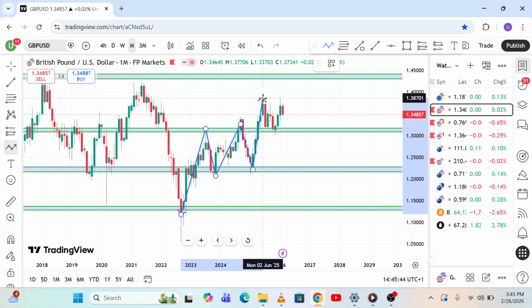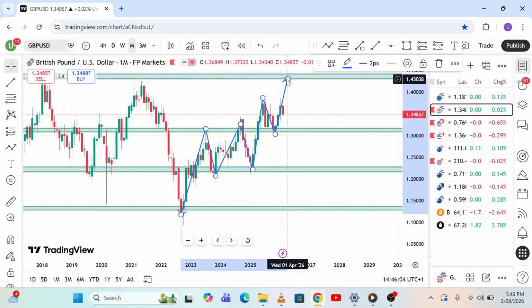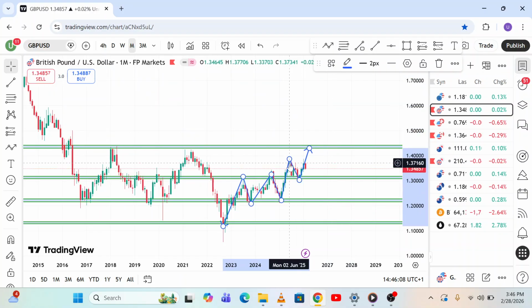Then a break of structure to form this higher high, and then a retest here on this support, which was resistance and became support, to form what we call a higher low, so that we can expect that the market will go up there to form the new higher high. Simply, we are in an uptrend in the monthly time frame.